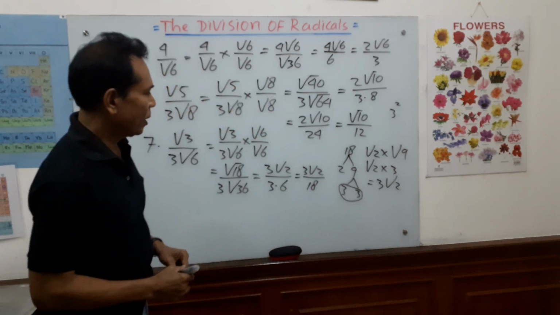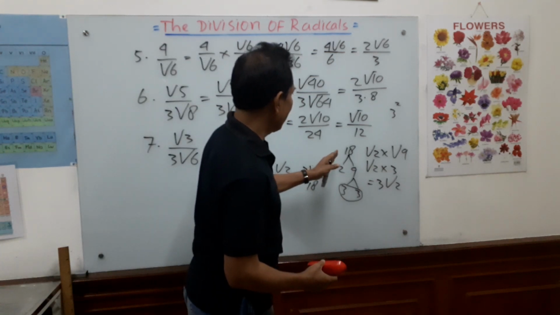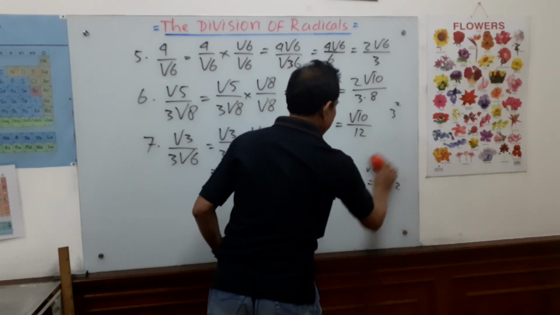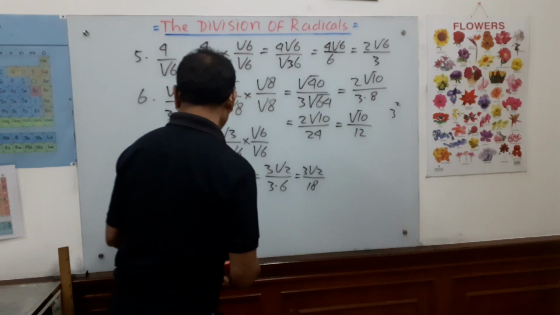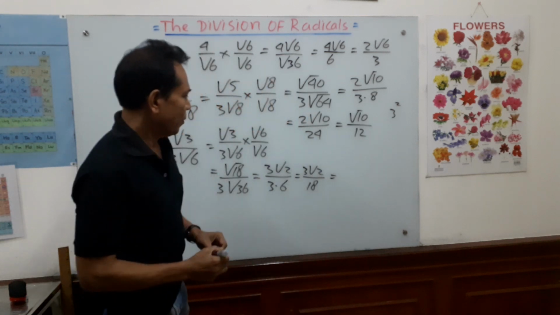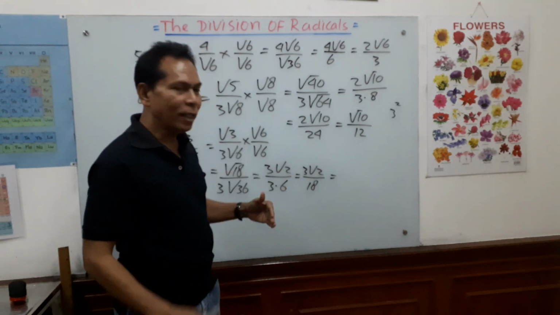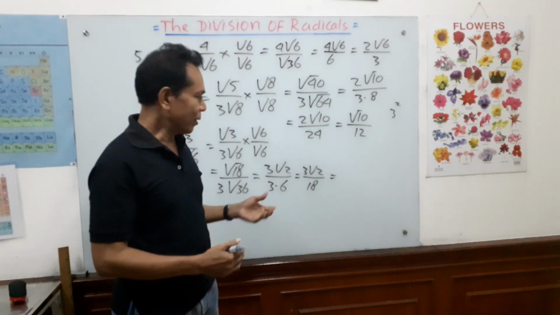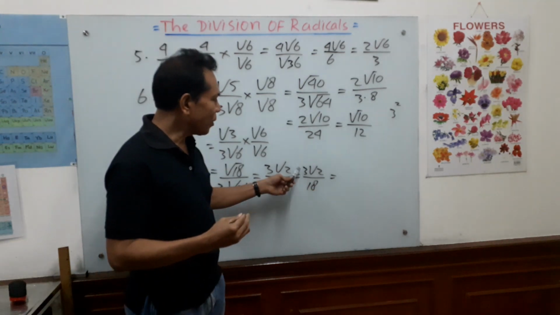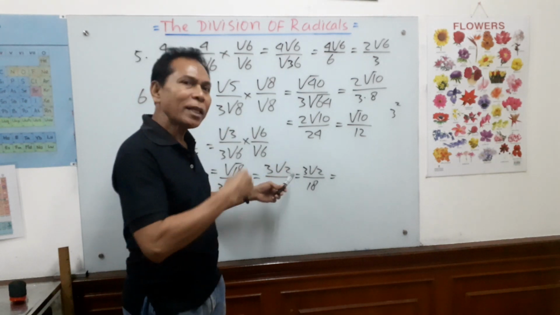Can we simplify this? Yes. If we look at factors, 18 and 3 are in the same line. 3 is a factor of 18 because 18 divided by 3 is 6, 18 divided by 6 is 3, and 3 times 6 is 18.